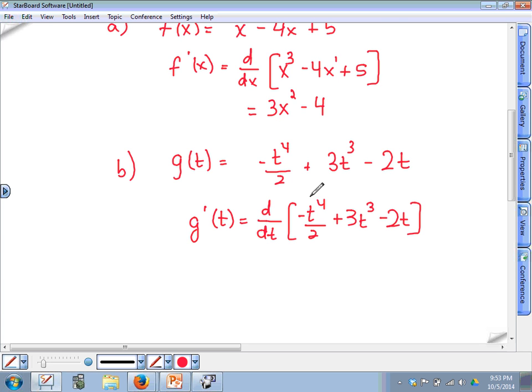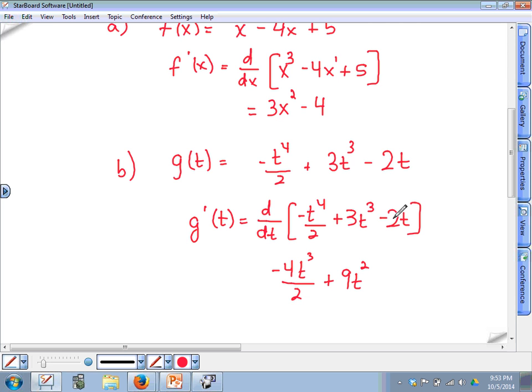So the derivative of this first term is negative 4t to the third over 2. The derivative of this middle term, if the 3 moves to the front and multiplies the 3 that's already there, you're going to get 9t, and then you decrease the exponent by 1.